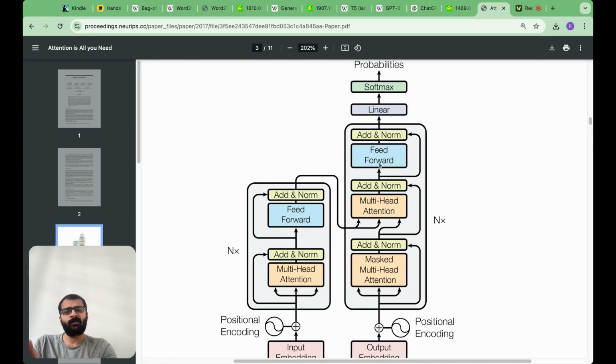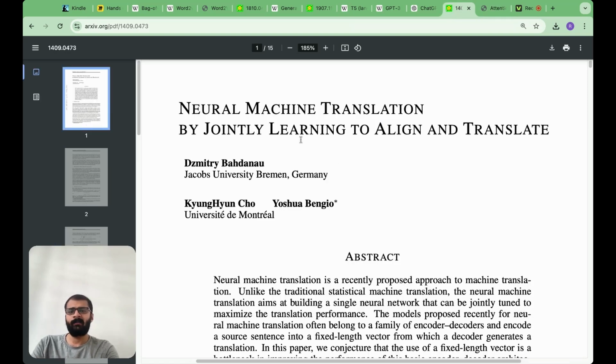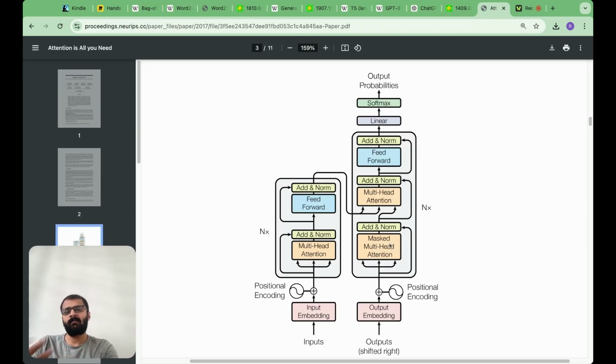In the Build Large Language Models from Scratch lecture series, we had 7 to 8 lectures to explain this whole transformer module. The reason this paper got so popular is because the transformer architecture is the main architecture which powers GPT models, and in fact all the further advancements which happened in natural language processing. Although the attention mechanism which they use was derived from the 2014 paper, the transformer architecture which they introduced completely changed things.